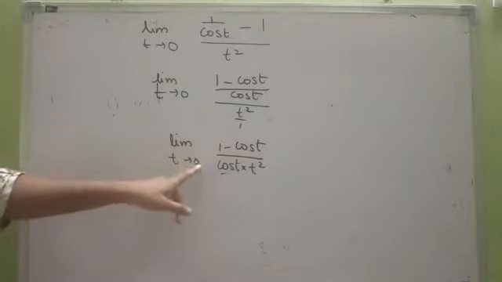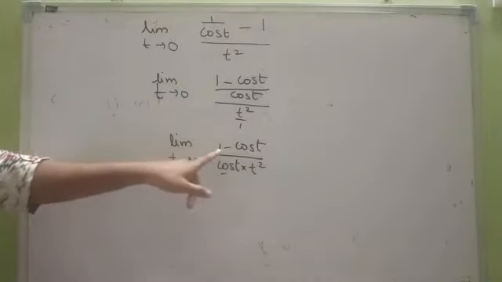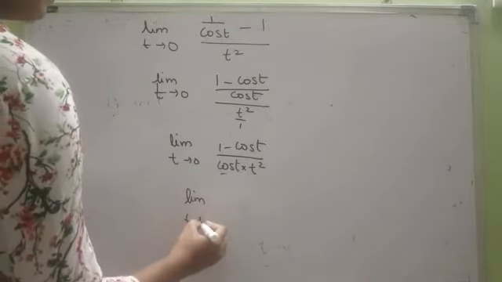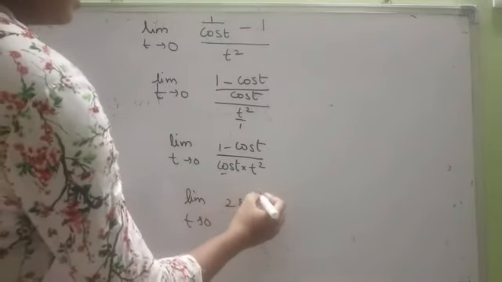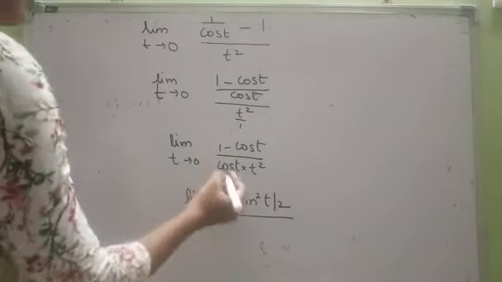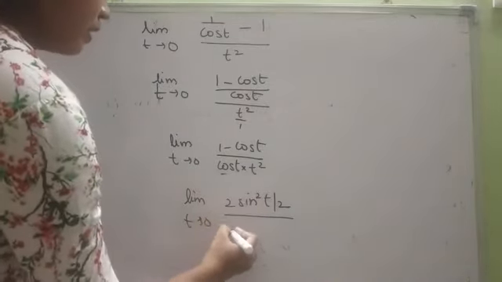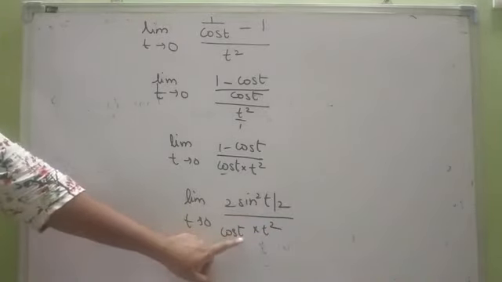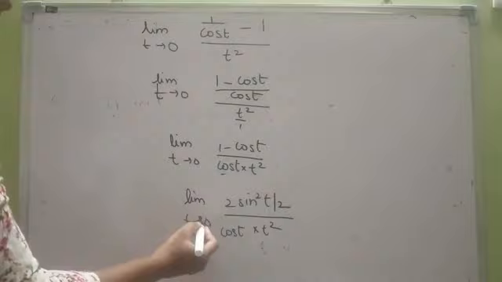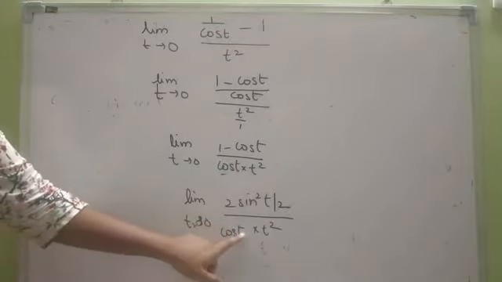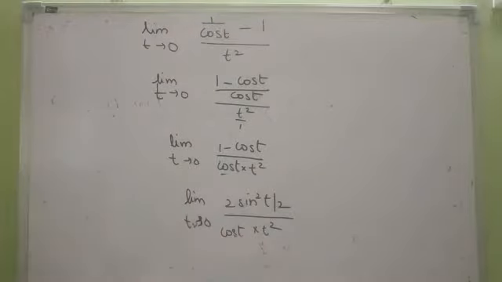Now directly again if you substitute it will not work. So what you do, 1 minus cos t can be written as 2 sin square t by 2. Okay, and keep this at the side only, cos t into t square. You don't have to worry because anyways if you substitute t as 0, cos of 0 will be 1, so that you keep for the last substitution.